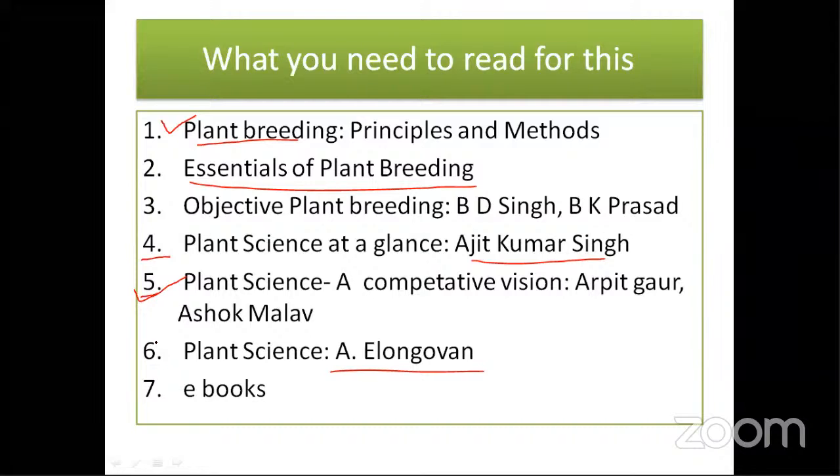Then for molecular breeding, if you have seen this year's questions, you would have observed that many of the questions in SRF were from the molecular breeding section. For that, you need to study the book by B.D. Singh and A.K. Singh, named Marker Assisted Selection. First 10 chapters very, very thoroughly.